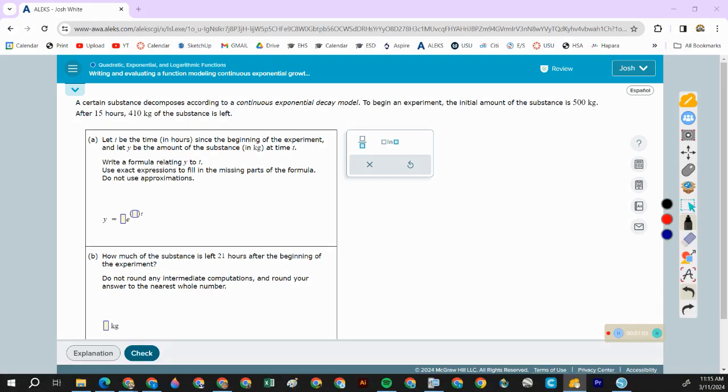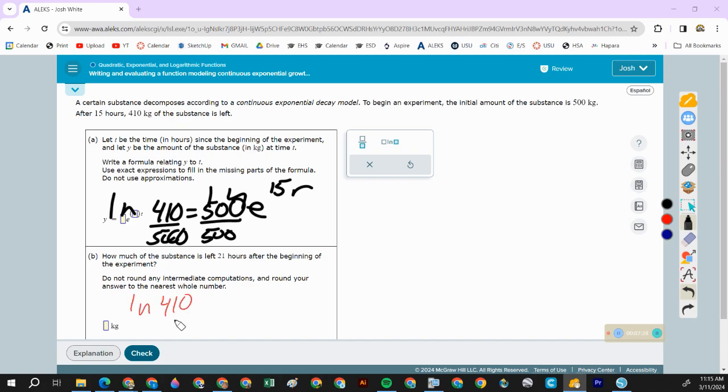So my formula is y equals 500 e to the 15r, and this would be 410. So I will divide by 500 and ln both sides. So we get the ln of 410 over 500 equals 15r ln e.